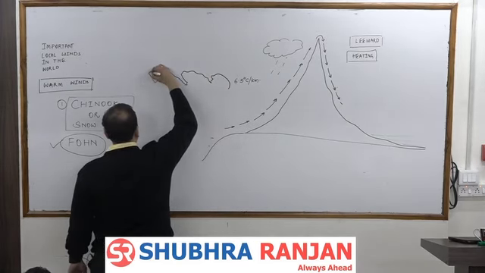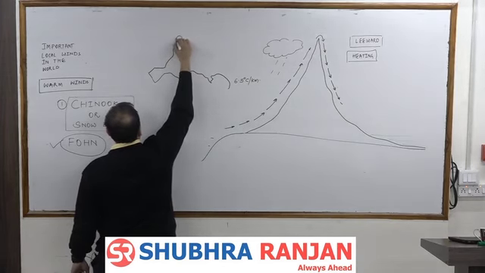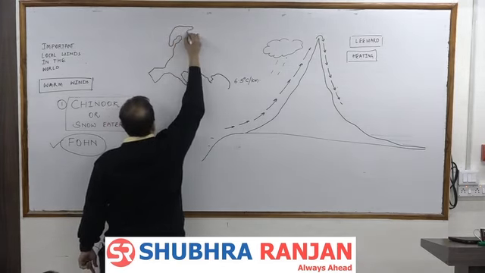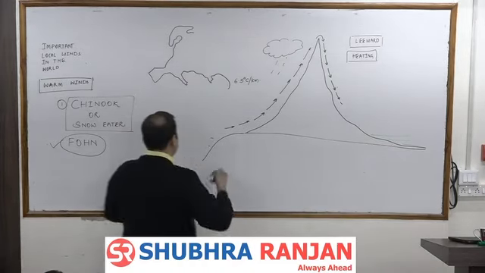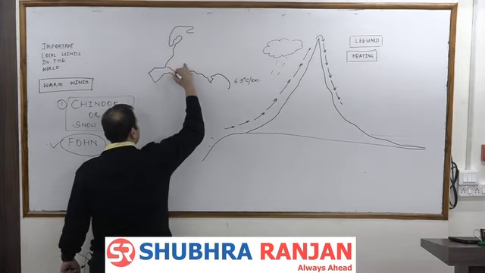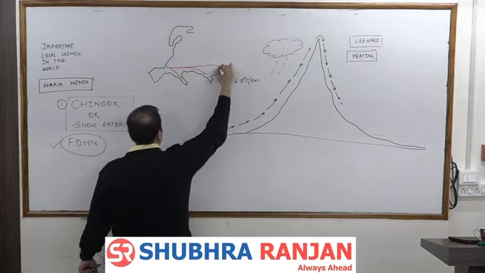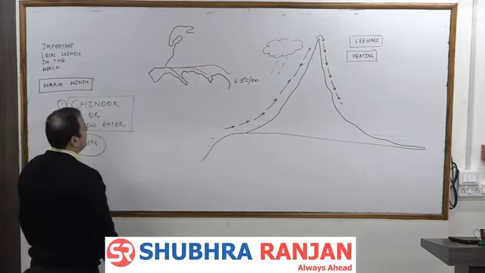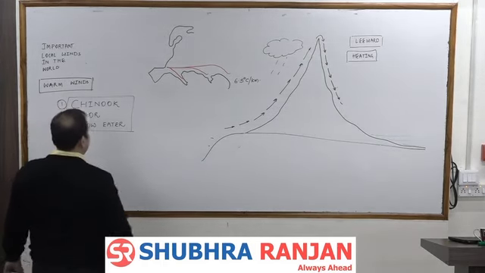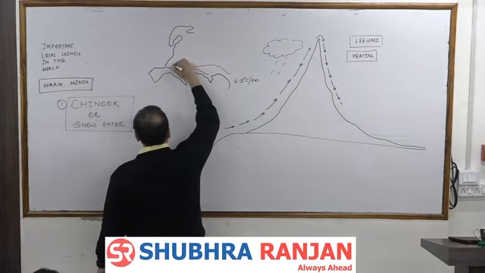Because of Chinook, agriculture is possible in the narrow belt along the foothills of the Rockies, even during the winter season.